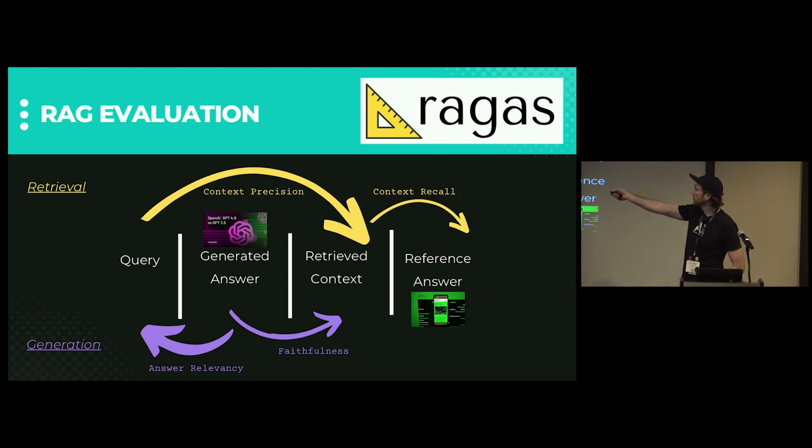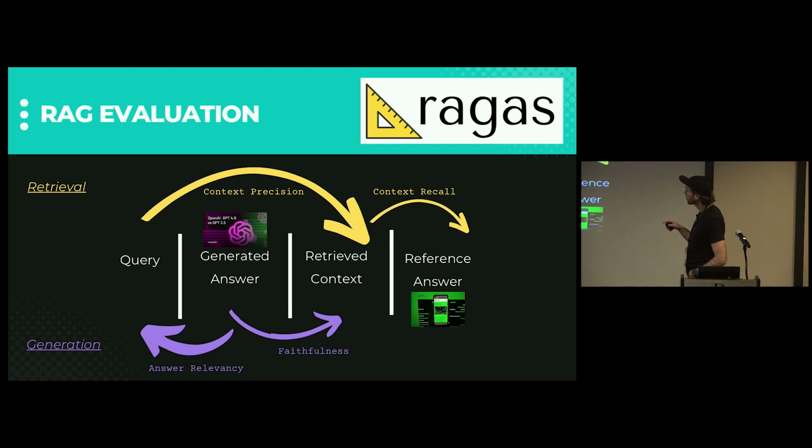One more thing. What this does is it penalizes redundant information. So if you have 100 references and 90 of them say the same thing, you're going to have low context precision. If we're talking about recall, we're saying, based on this answer, would I expect to have retrieved this context?